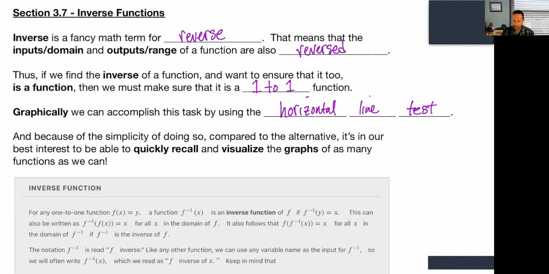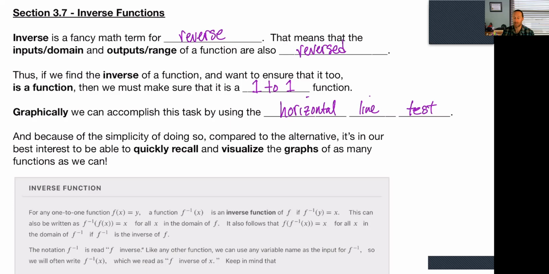So as you can see, because that's so simple compared to trying to figure it out in an alternative way, it's in our best interest to be able to recall and visualize all of those graphs that we talked about last time. Okay, those parent graphs or toolkit graphs, all the original graphs.